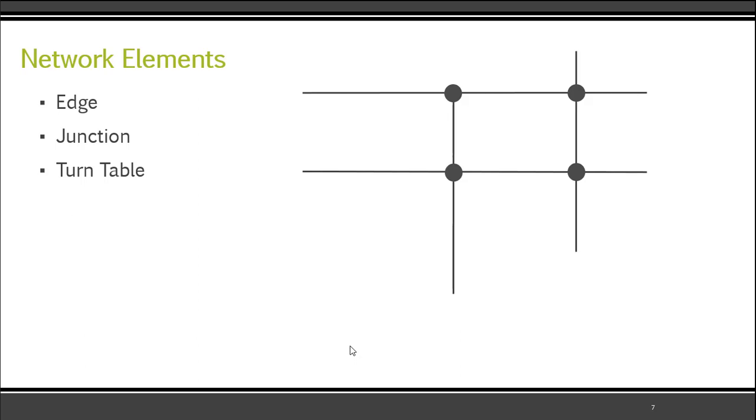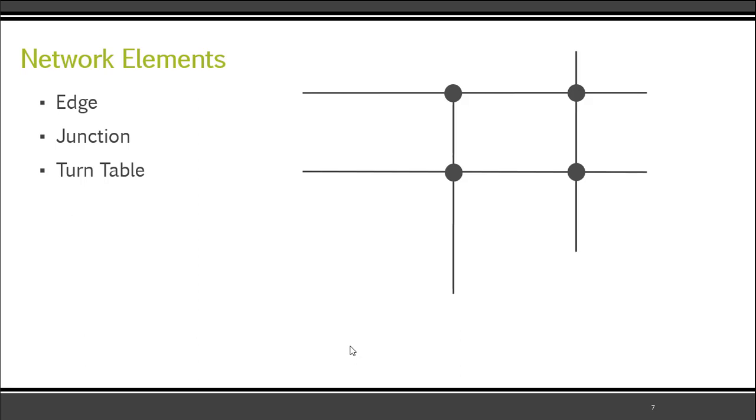So hopefully right now you're starting to think, this might be built off of topology, and that's very correct. You cannot build a network without having topology in your data set, without it following the rules of topology, meaning that where all features intersect, they are going to break. Now you can build a network so that you can model for overpasses, but you're still going to have the break at that overlap. We're going to talk about how we use elevation to model that overpass.